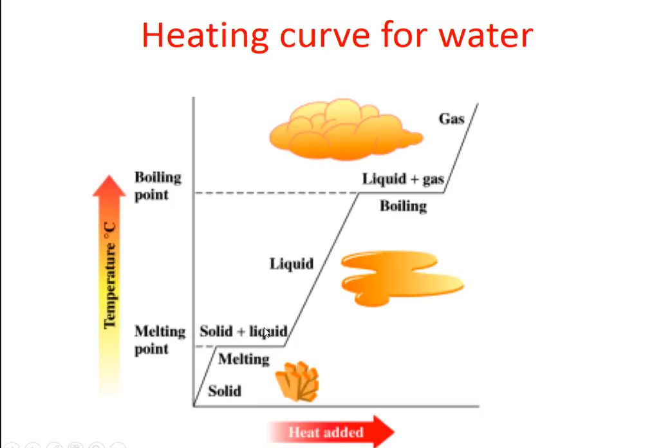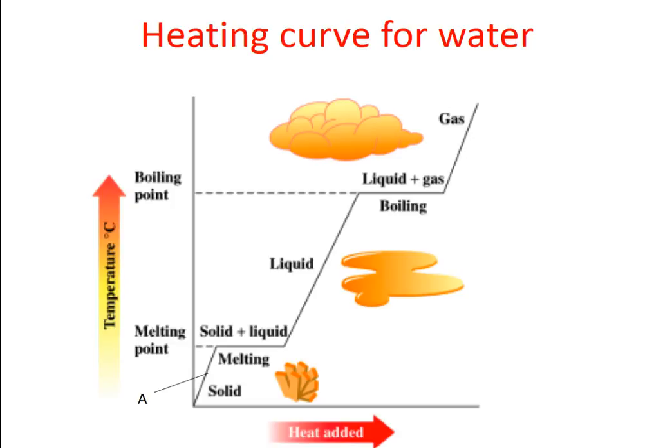After all the melting is done, we only have liquid at this point, and then we reach the boiling point where we have another equilibrium, liquid and gas. After all the boiling is done, we only have gas.